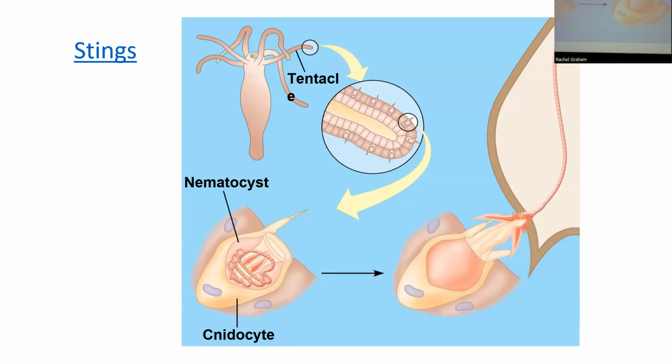So this is a picture from your book. One thing that makes Cnidaria is their specialized cells. You can see here's a tentacle, and that could be a tentacle of a polyp or medusa. As you zoom in, there's two specialized kinds of cells that you can see here. You've got nematocysts and you've got cnidocytes.